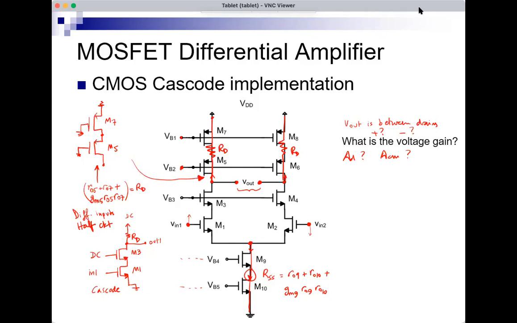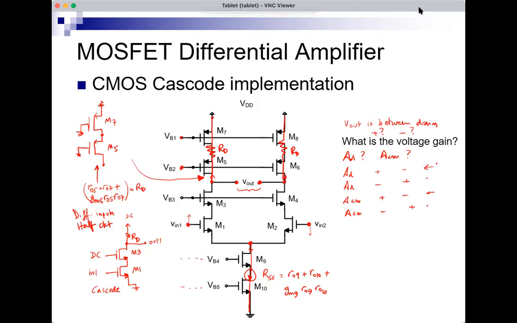So I'll have to calculate AD when Vout is plus minus like this, AD when Vout is minus plus, ACM plus minus, and ACM minus plus. Now if I calculate this, it will be just minus of that. And if I calculate this, it will be the minus of that.